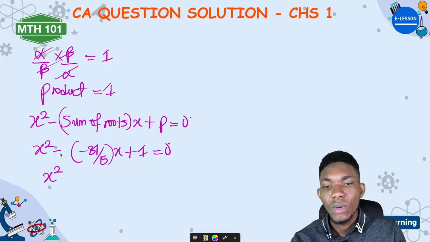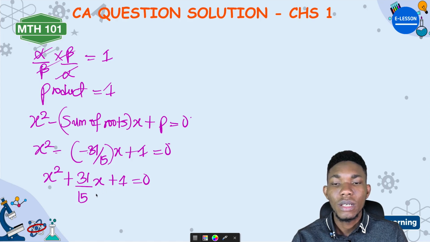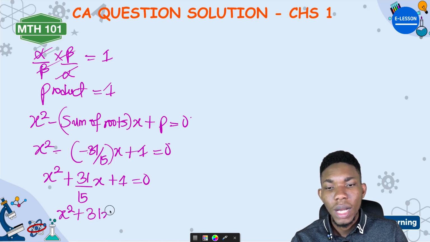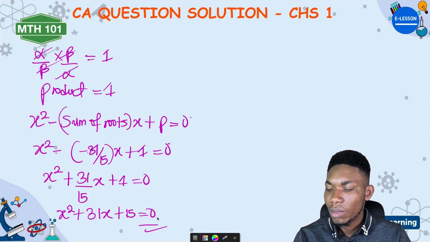So this gives us s squared, minus times minus will give us plus 31 over 15 s plus 1 is equal to 0. We can use 15 to multiply through. If we use 15 to multiply through, 15 multiplied by this will give us what? s squared. 15, we cancel this 15 under here. So we are left with 31s, times this 15 here, everything will give us 0. And that is the answer to that question.